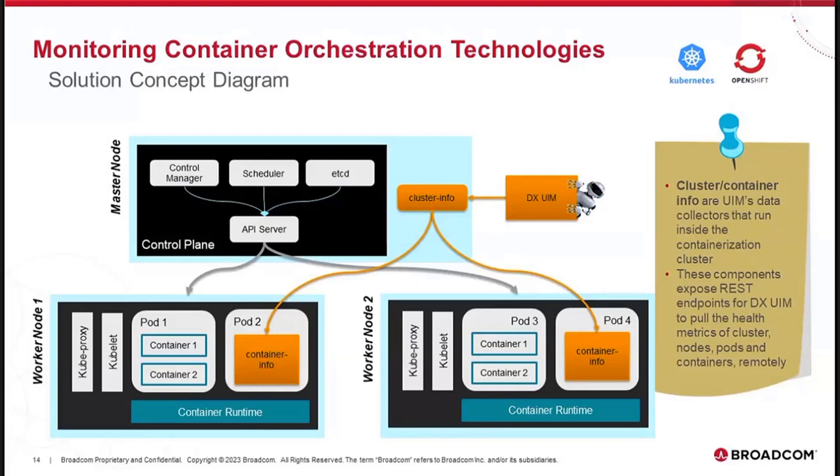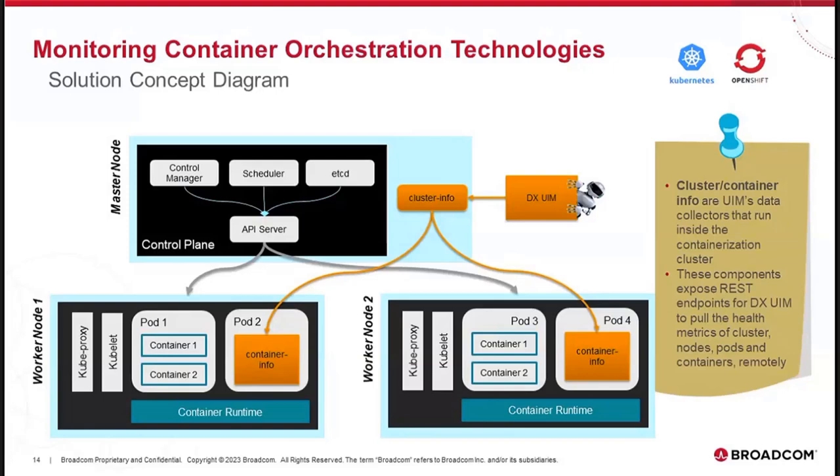Because if we create a trend chart simply saying this many GB is consumed from memory, what is the actual limit and what is the percentage? Unless we get those percentage metrics, it is not going to give much value add, and that's the significance of the container info.